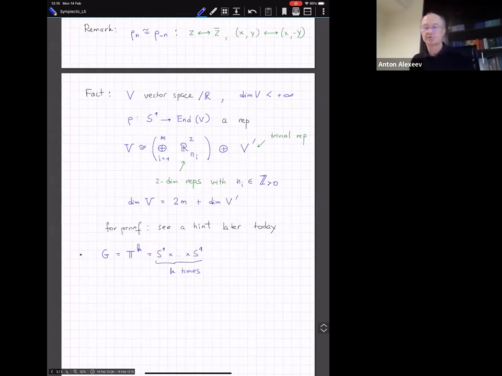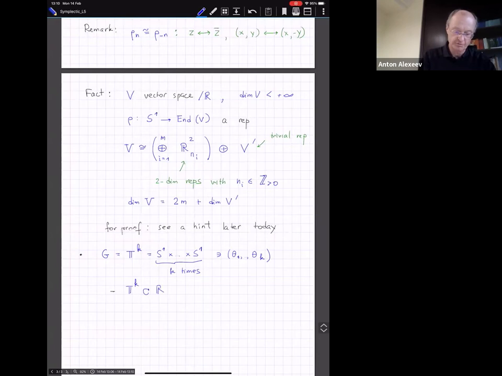So a real torus, S1 cross S1 and so on. Here are the angles, theta 1, ..., theta k. And again, of course, T^k can act on R.